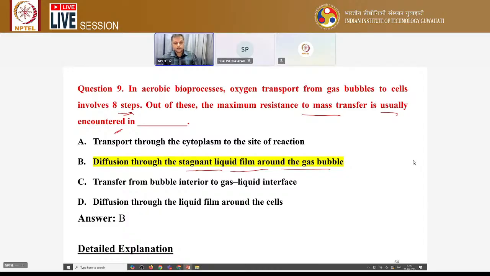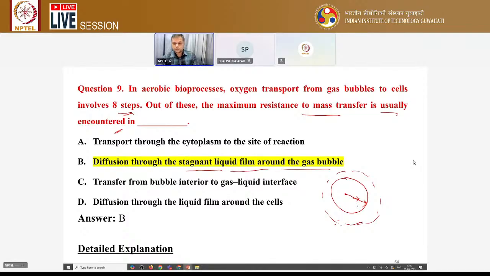What is the first step? The first step is transport within the gas phase. So let's say this is the cell, and this is a gas bubble. In the gas bubble, the first step will be transport to the gas bubble surface.